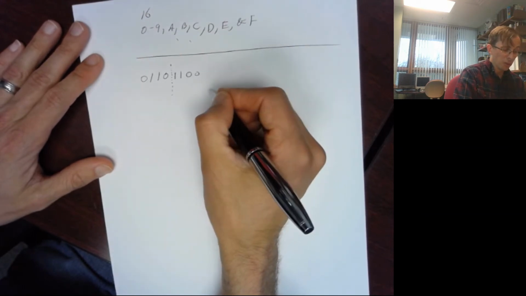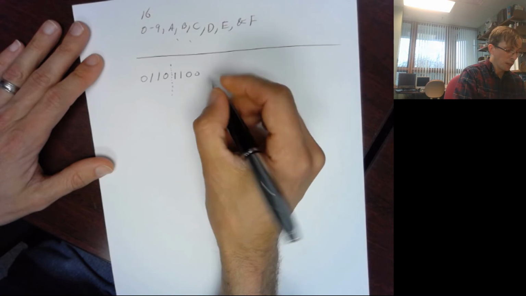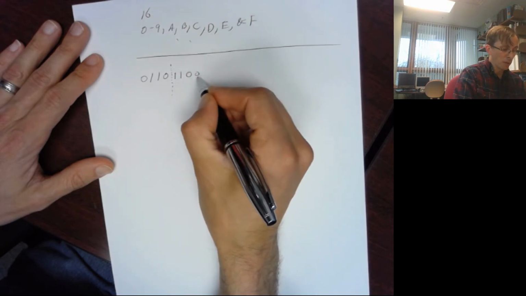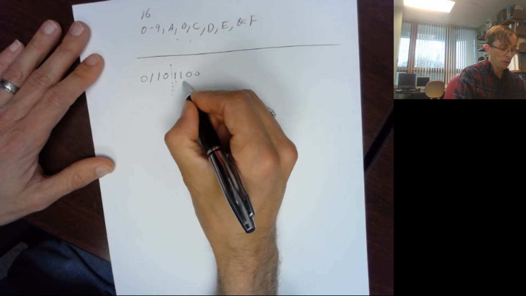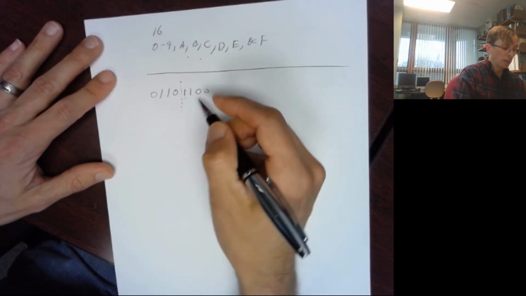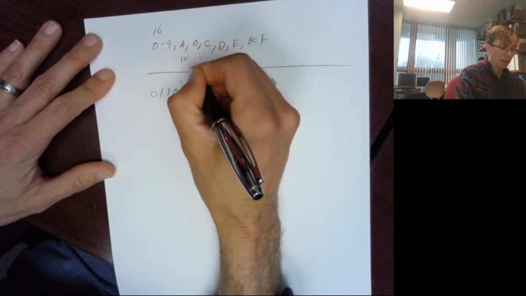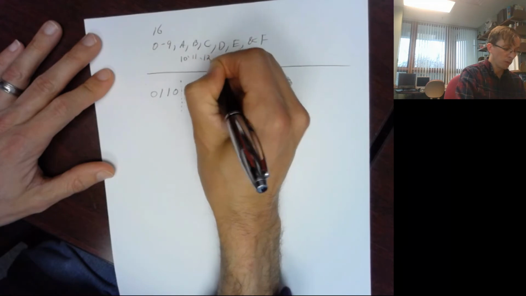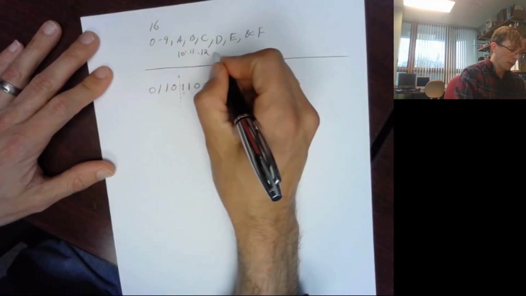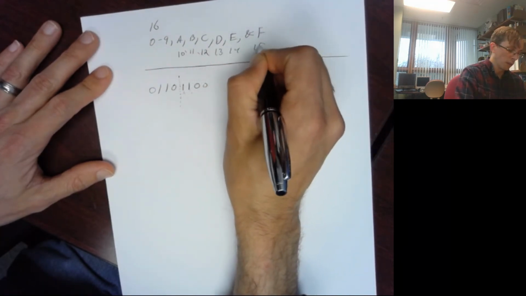If it helps, I would just say try to memorize a chart, because I know that's my 0, 1, 2, and 3 if I consider them separately. So it's 8, that's my 4, 9, 10, 11, 12. I know A is 10 in decimal, B is 11, C is 12, and then 13, 14, and 15.